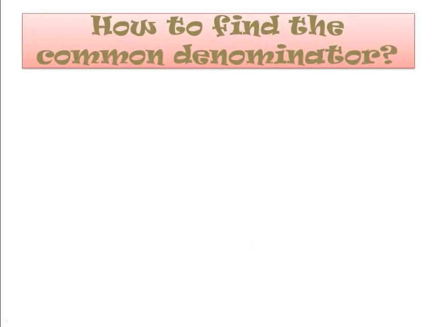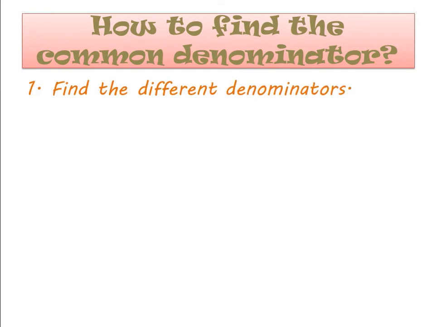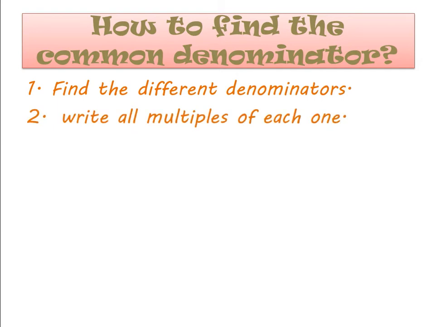How do we find the common denominator? We have four main steps that we can implement to find the common denominator. Step number 1, find the different denominators. Find the main two denominators which are different. Step number 2, write all multiples of each denominator.